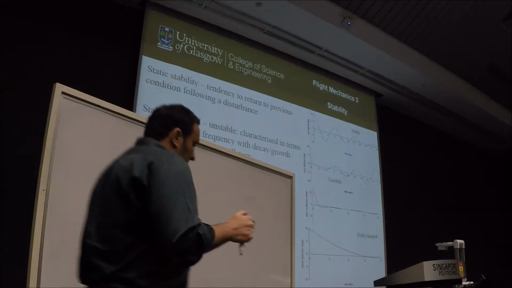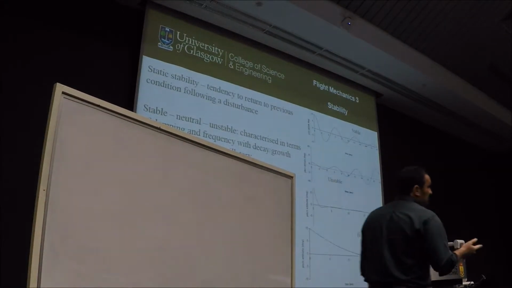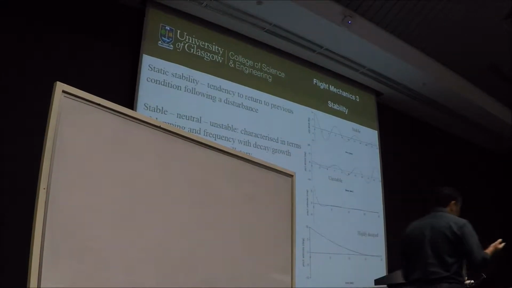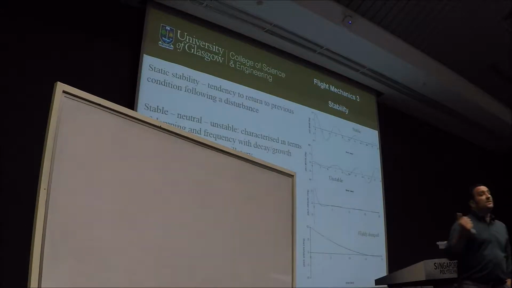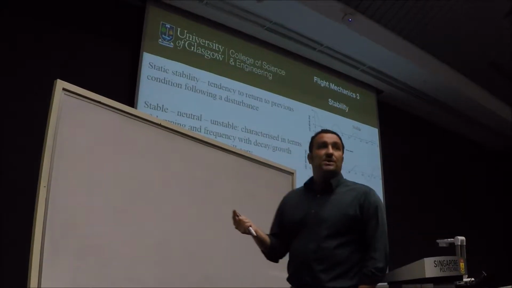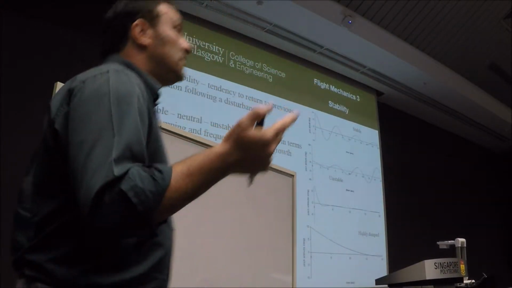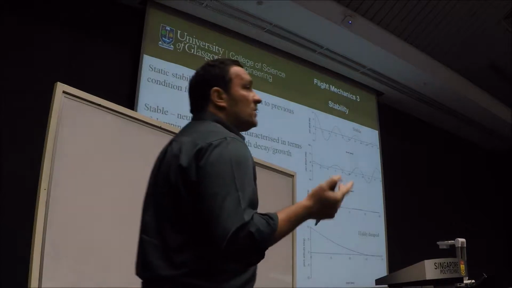There are three types of stability. You can have a stable configuration, an unstable configuration, or a neutral configuration. What does this mean?